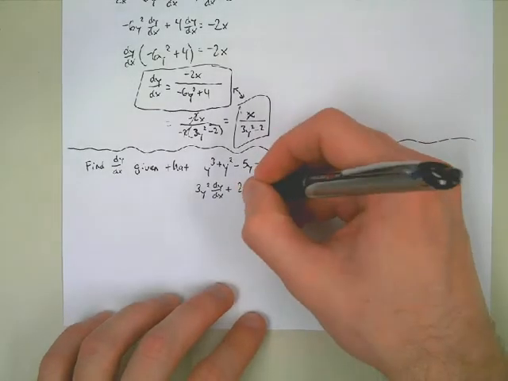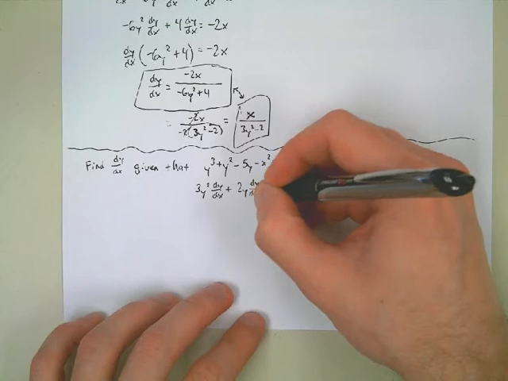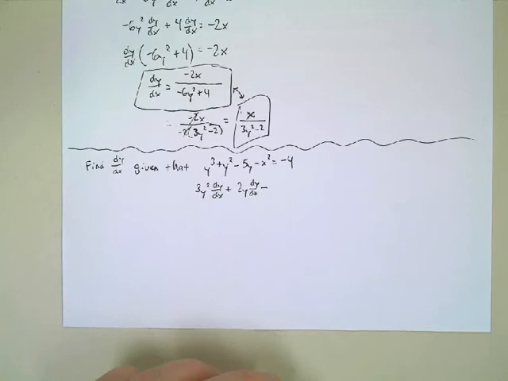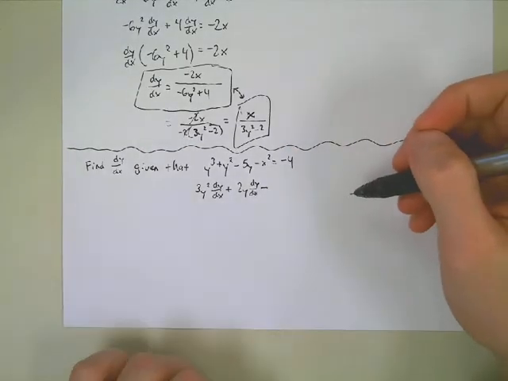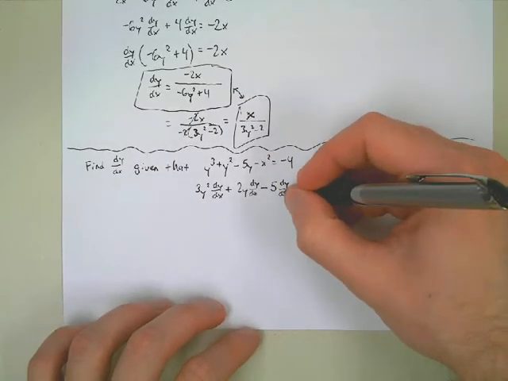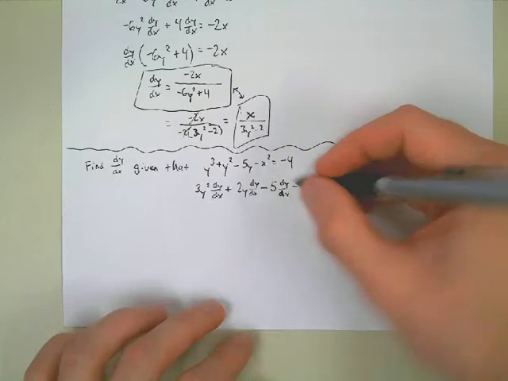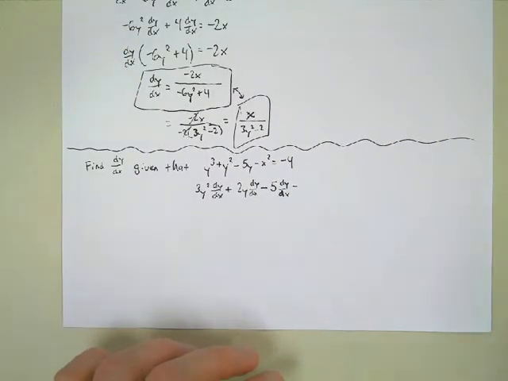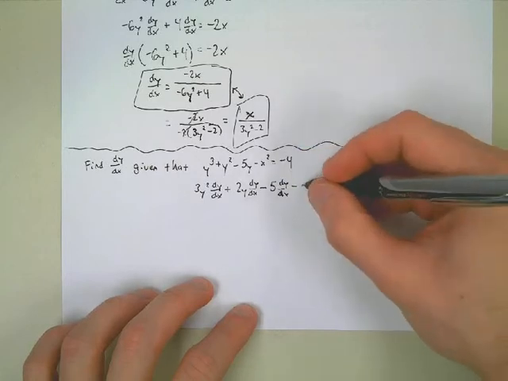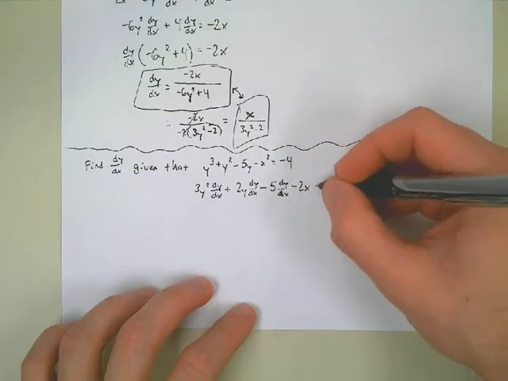Minus, then Nate, derivative of minus 5y with respect to x. Minus 5 dy dx, very good. And then derivative of minus x squared, Brandon. Minus 2x, yep, no dx necessary, right? And then equals derivative of negative 4, anybody? 0.